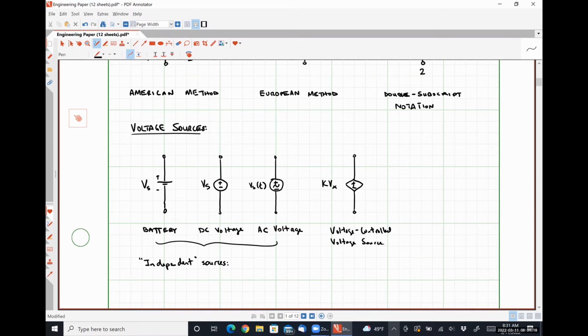Okay. For a voltage controlled voltage source, what that means is that the voltage being supplied by this source depends on a voltage elsewhere in the circuit.